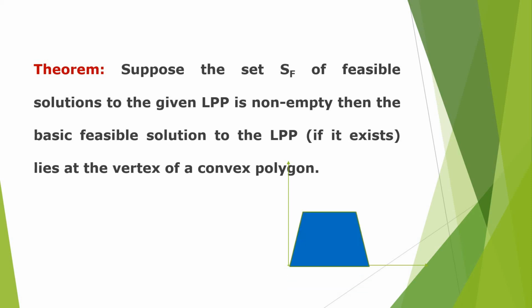This is how it looks, and these are the vertices. If a basic feasible solution to this LPP exists, then it should be attained only at a vertex of the convex polygon. So here we have a polygon with 4 vertices, and you will have a solution only at these 4 vertices.